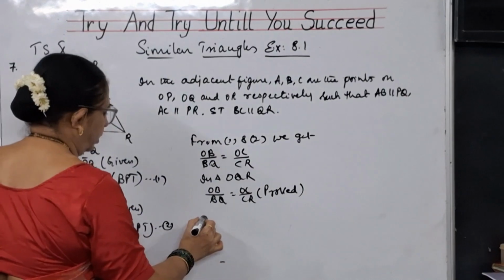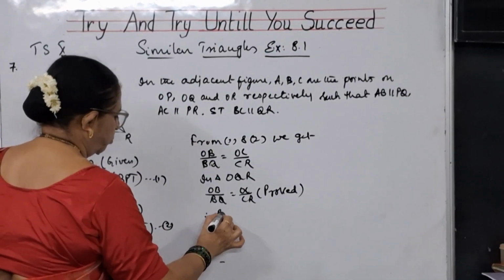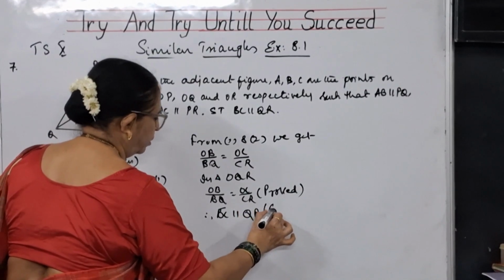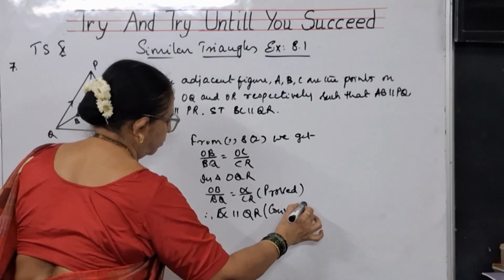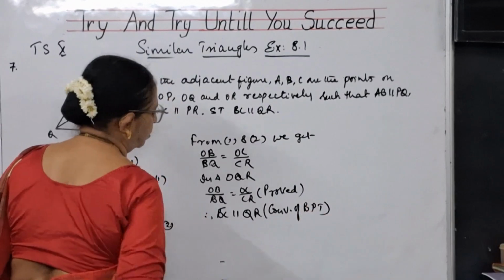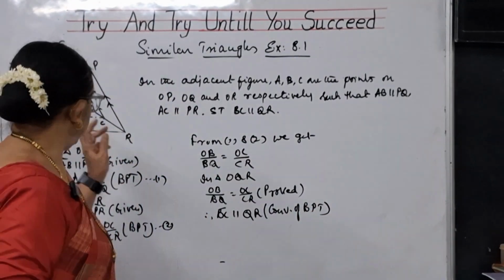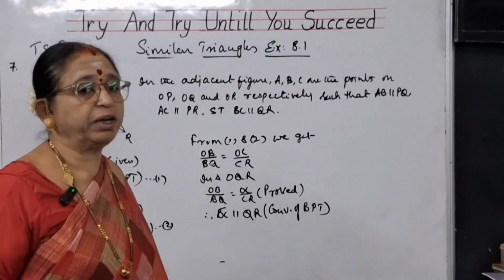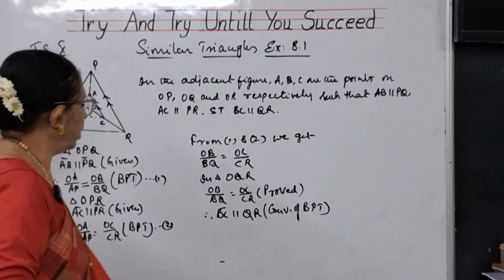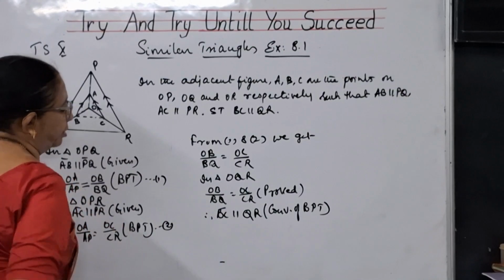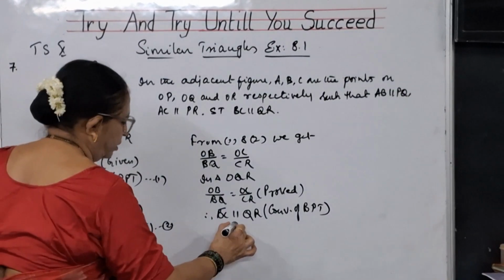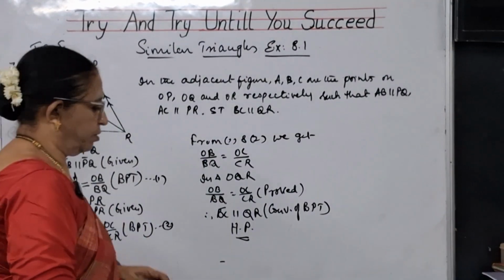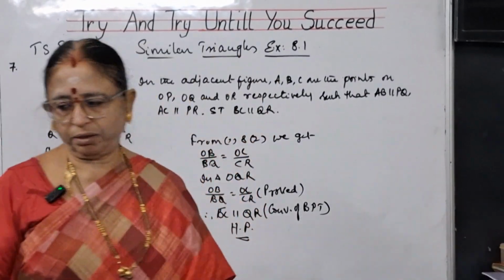Therefore, what you can say, BC is parallel to QR basing on converse of BPT, because converse of BPT says if a line divides any two sides of a triangle in equal ratio, then it is parallel to the third side. So first two are basing on BPT and this is basing on converse of BPT. In this way, we could prove it, children. This is seventh sum. Please copy it.